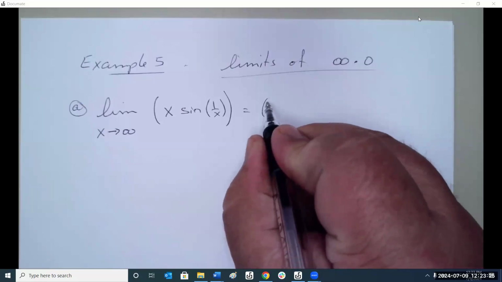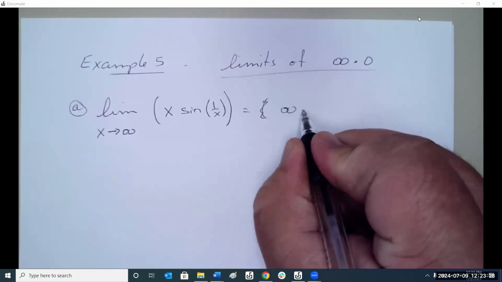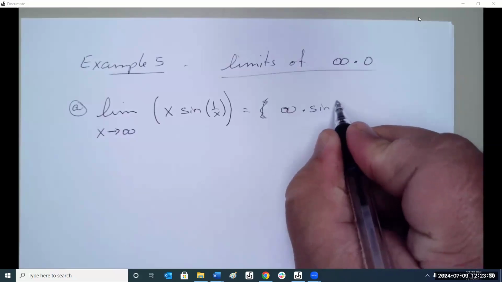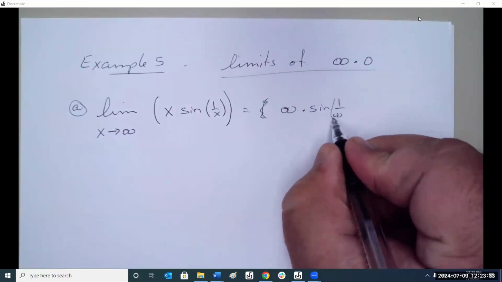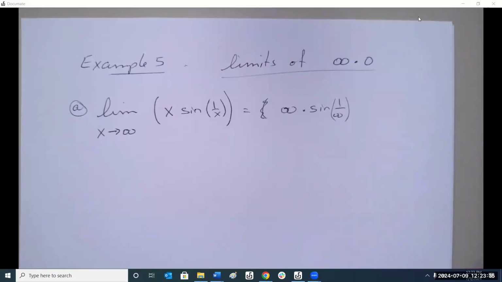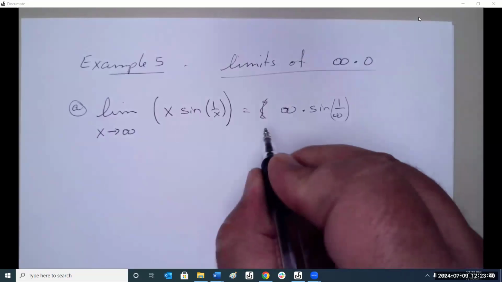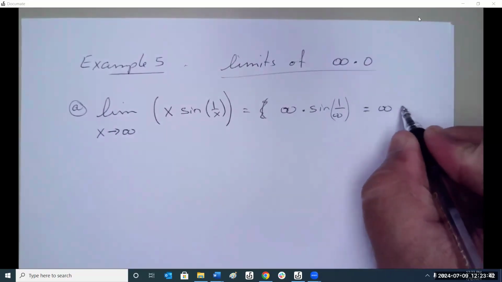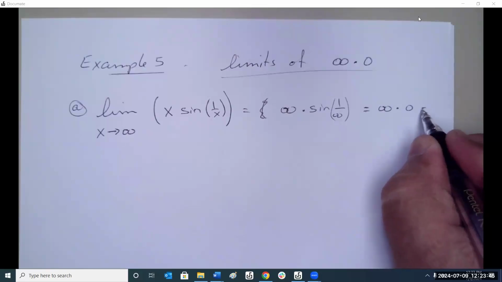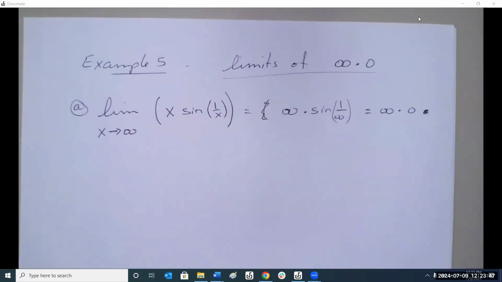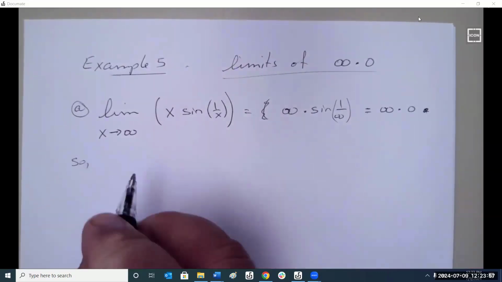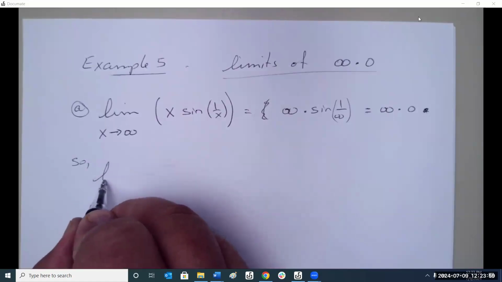As we plug in our values, it's infinity times sine of 1 over infinity. The sine of 1 over infinity is 0. Infinity times 0 does not necessarily equal 0. So we take the derivative.